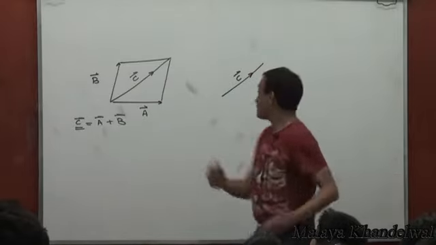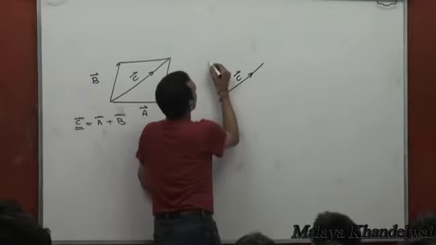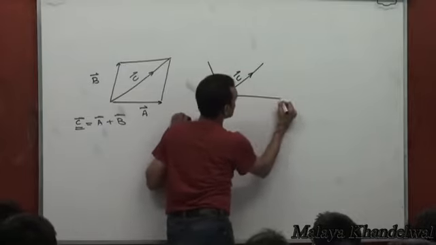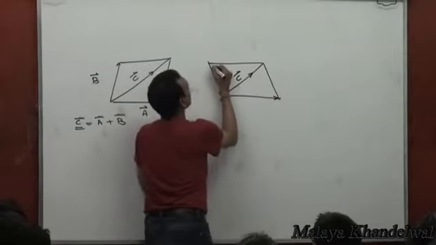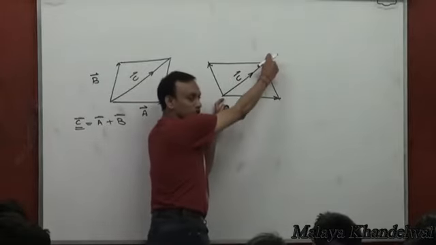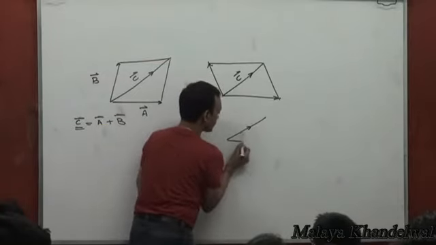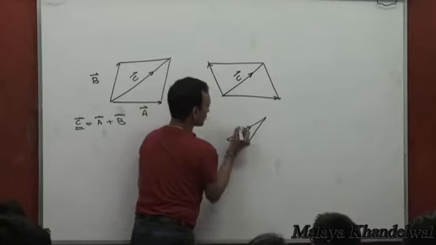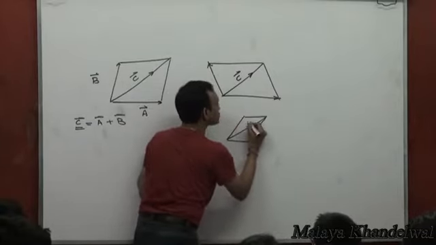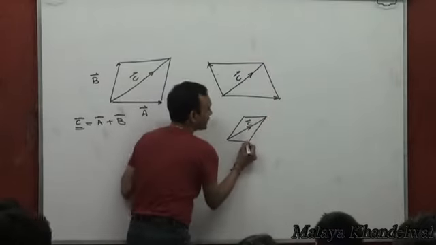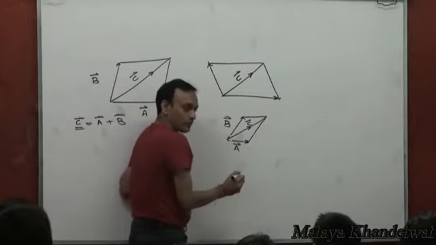Infinite parallelograms. Because if this is the diagonal C, then I could, for example, construct a parallelogram like this. And the resultant of this and this is this, or I could construct a parallelogram whose diagonal is C, and in which case the vectors A and B are these vectors, right?